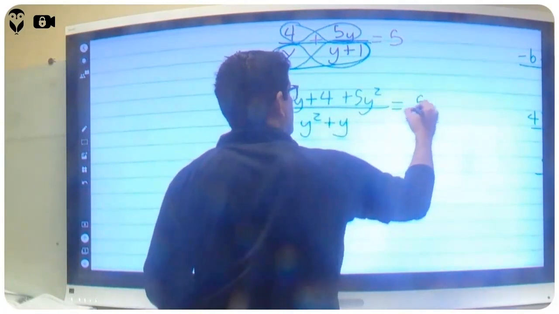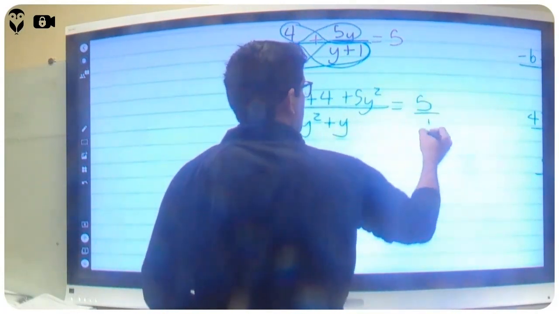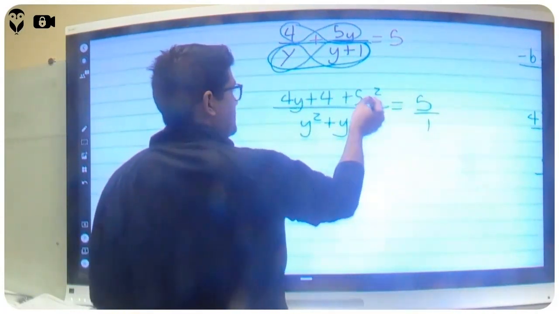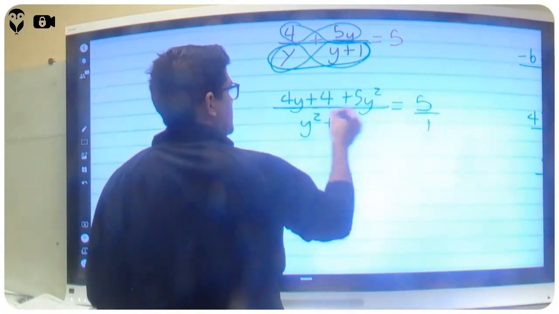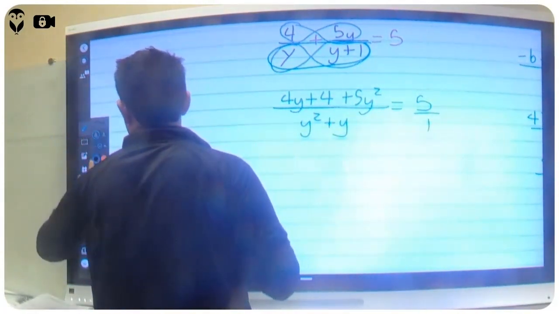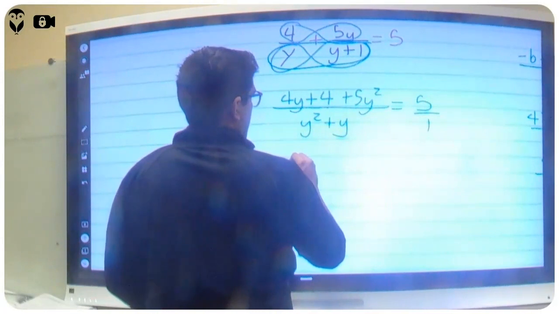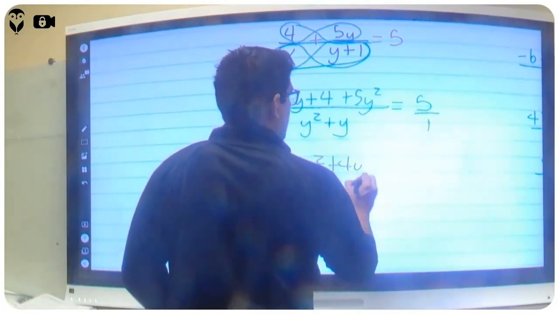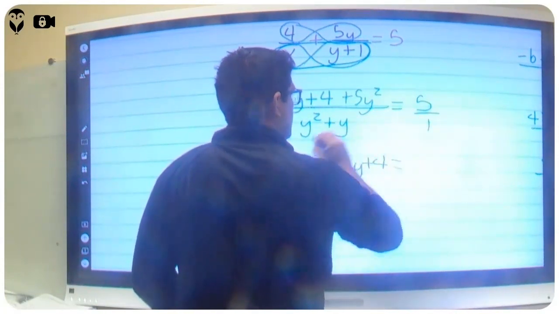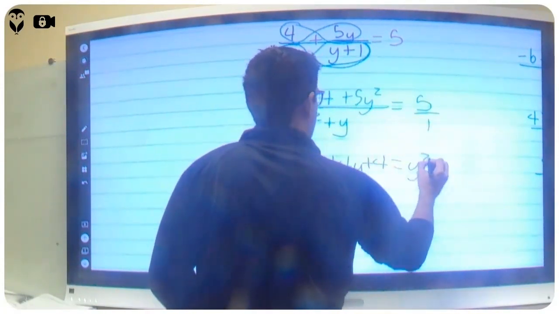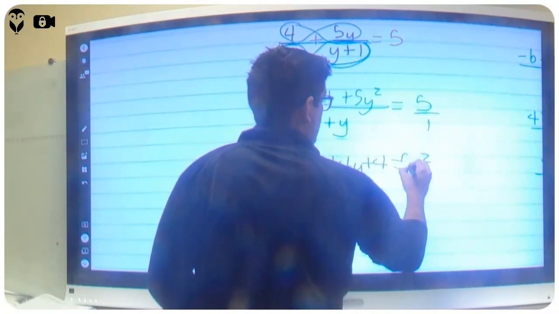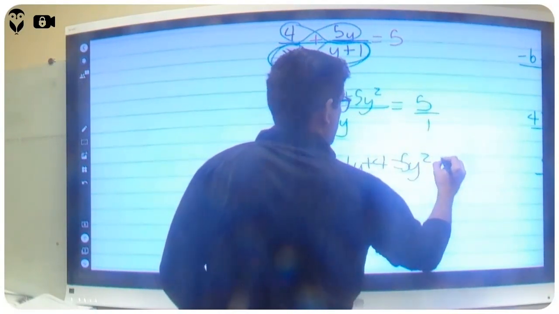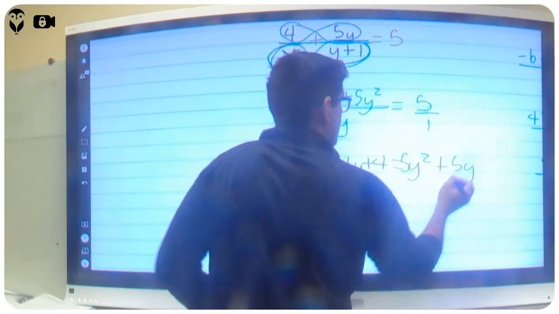And now this equals 5. Again, 5 over 1 will cross multiply. I'm going to fix the order. So 1 times this will leave me with 5y squared plus 4y plus 4 equals y squared, 5y squared, times 5y plus 5y.